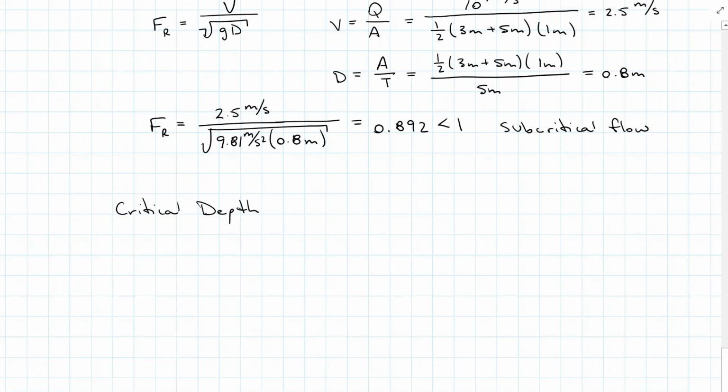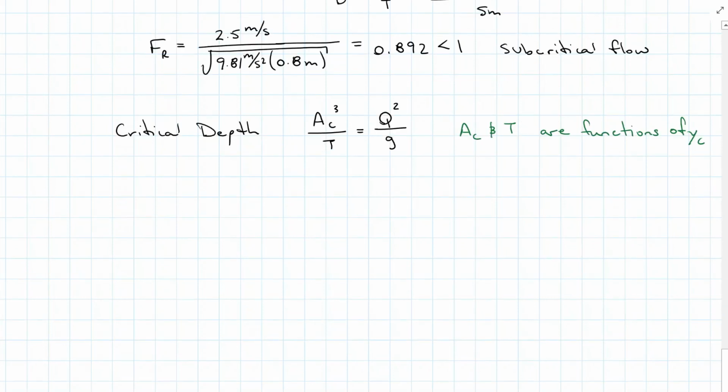To find our critical depth, we're going to use the equation Ac cubed over T is equal to Q squared over g. So my area is going to be 1/2 of 3 meters plus 3 meters plus 2 times whatever my critical depth is, because I have a 1-to-1 wall length ratio, times whatever my critical depth is.